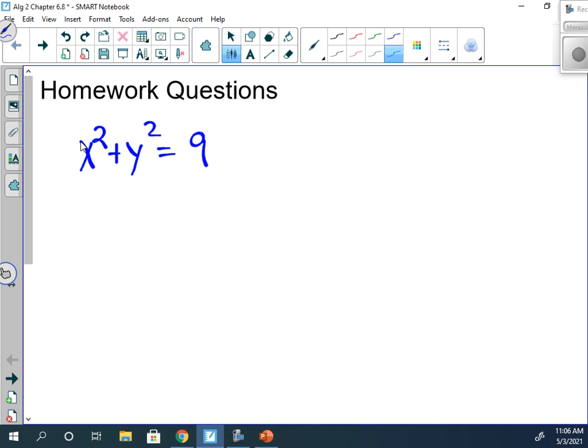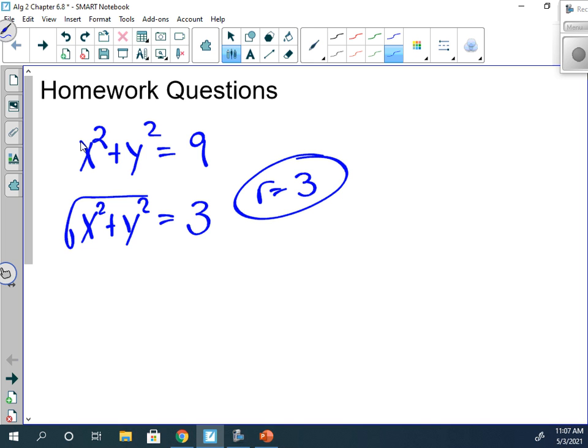So, x squared plus y squared equals 9. Now this one here, there's multiple ways that we can go about it. I could start off with saying the square root of x squared plus y squared equals 3, or really we're saying r is 3. That's the equation.